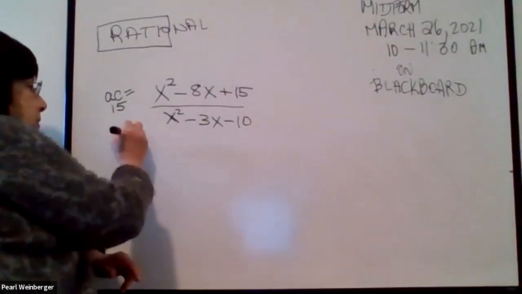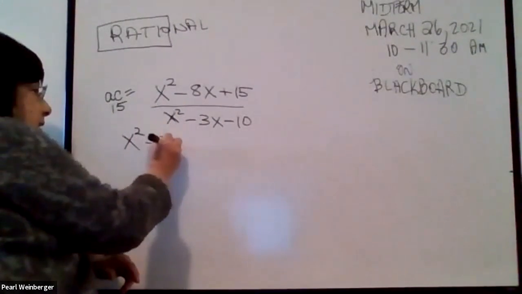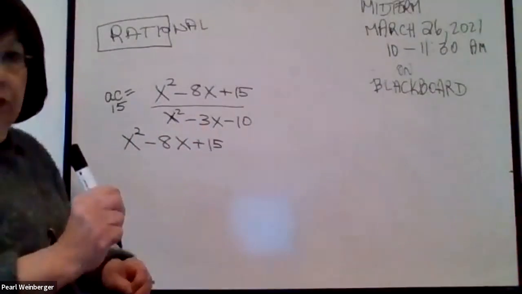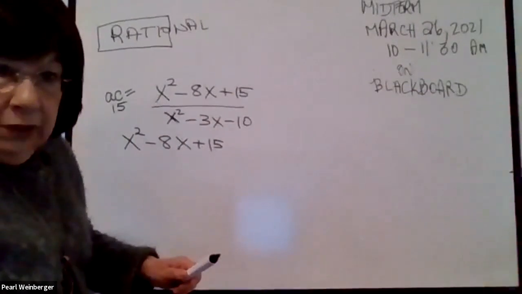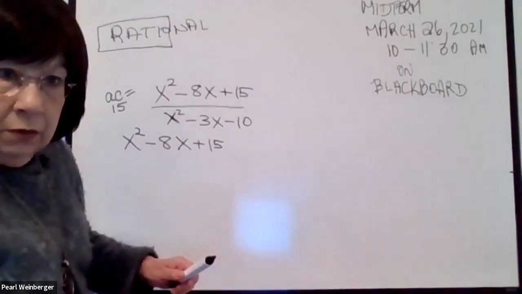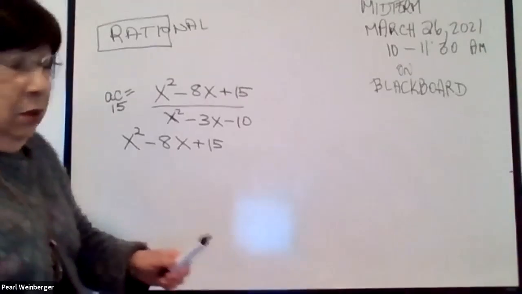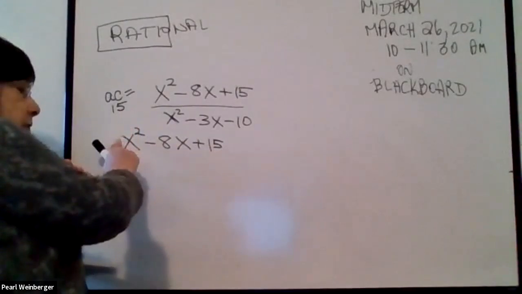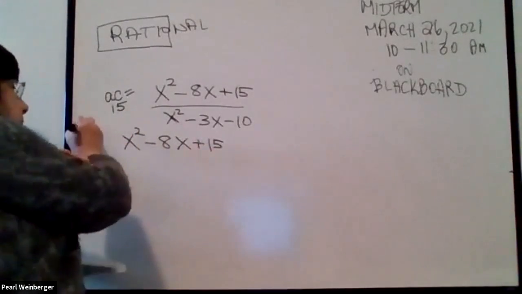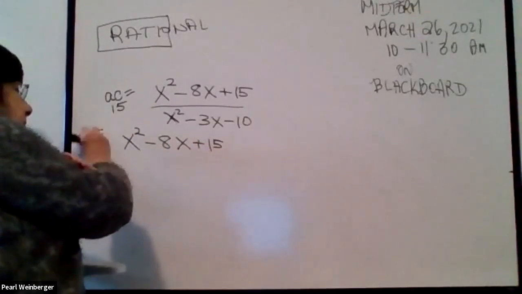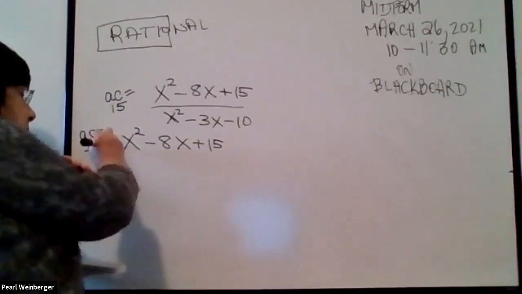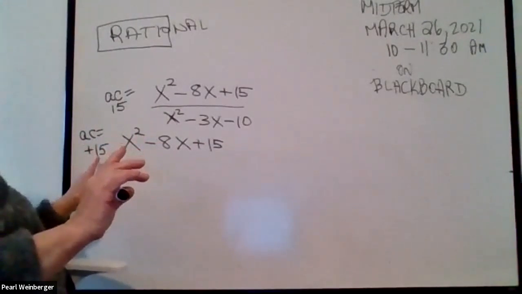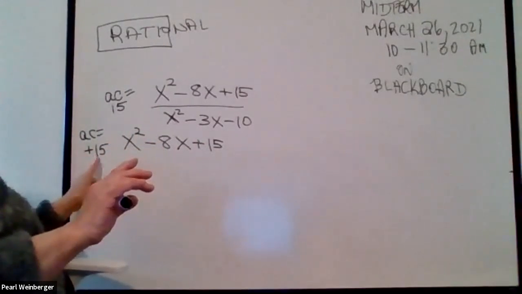Okay, how do we factor x squared minus 8x plus 15? How do we break it up? If you remember, we do the AC method. The A here is 1, the C is 15. My AC is positive 15, which means I'm looking for two numbers that when they multiply give me 15.